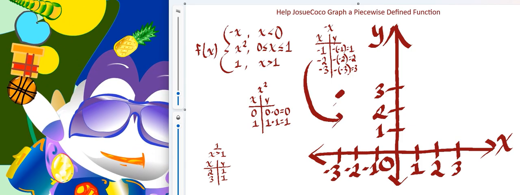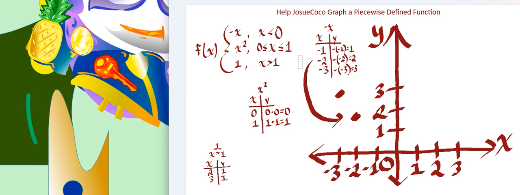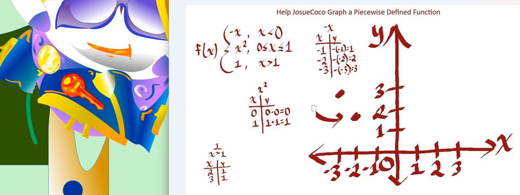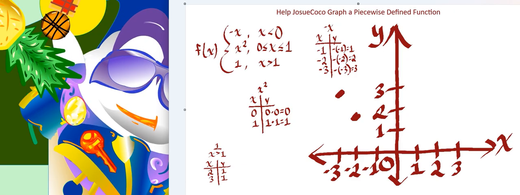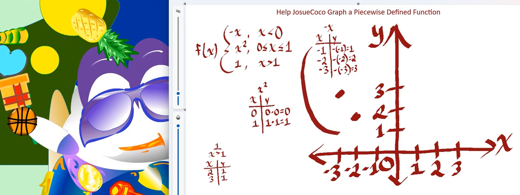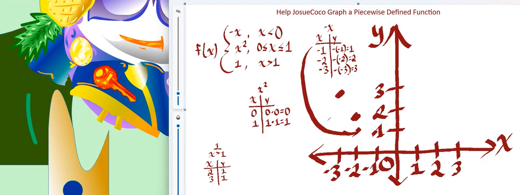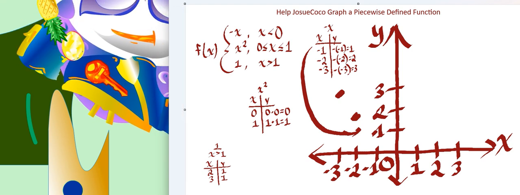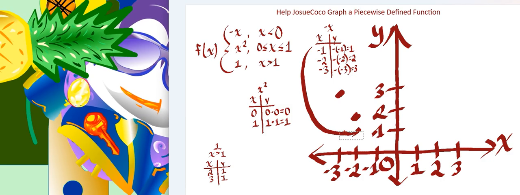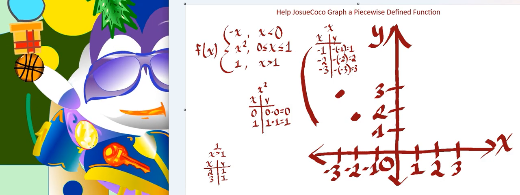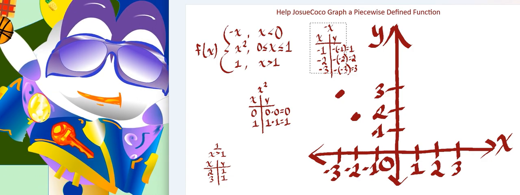When x is -2, y is +2. Lastly, when x equals -1, y equals +1, and that should land right about here. And the line will continue until it reaches the origin.